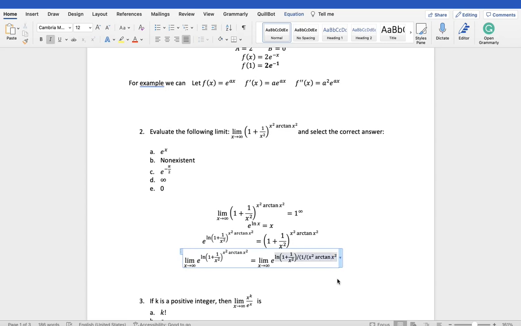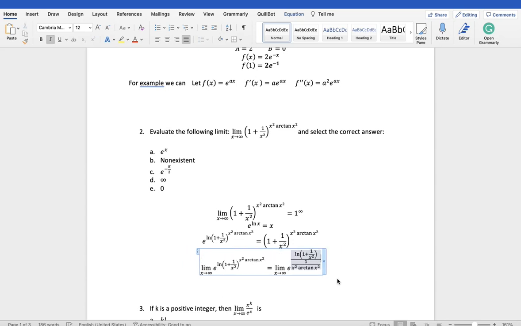Okay. And then when you substitute in the value of x again, now you would get 1, right?